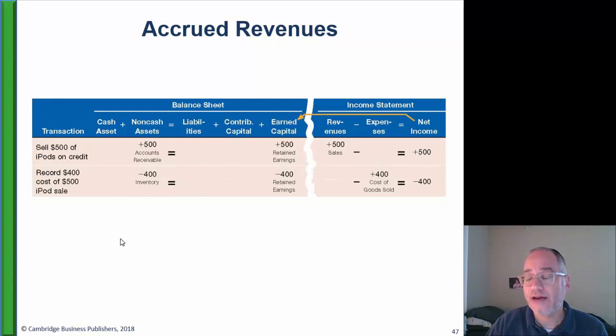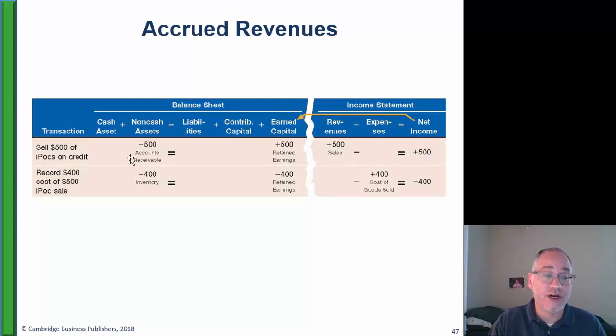And the fourth one is accrued revenues. This is where you earn revenue but you haven't yet collected the money. So let's say you sell an iPod, $500 worth of iPods. So you would credit revenues and you'd also debit accounts receivable for $500 because now you've earned the money, you've delivered the goods, and your customer owes you $500.